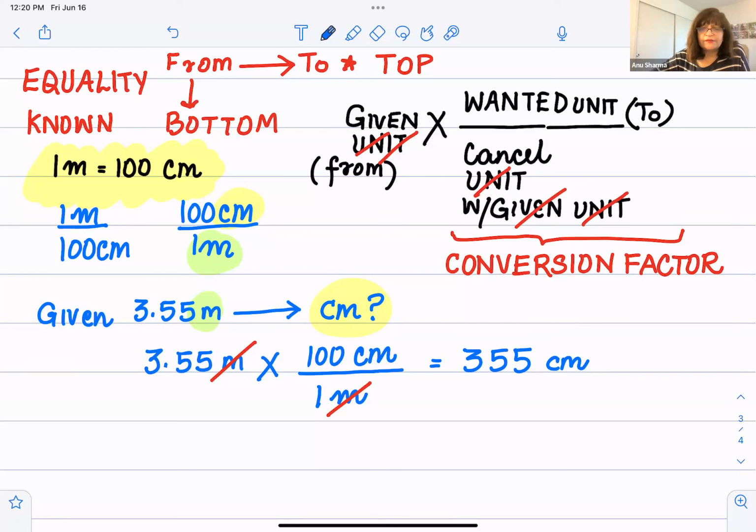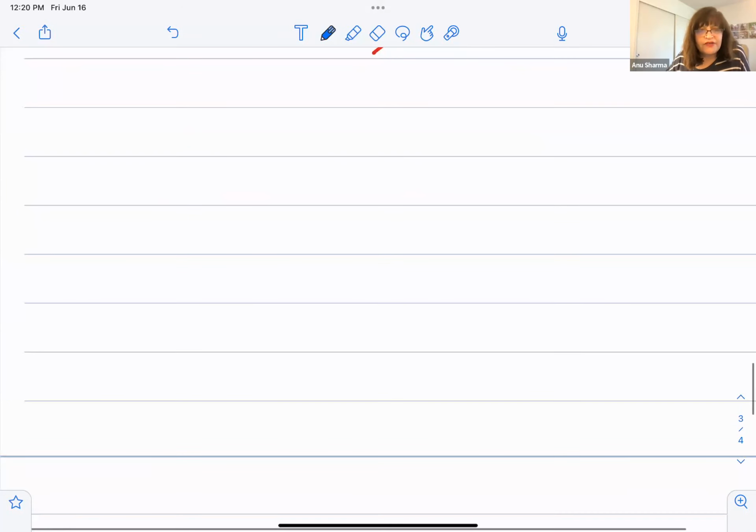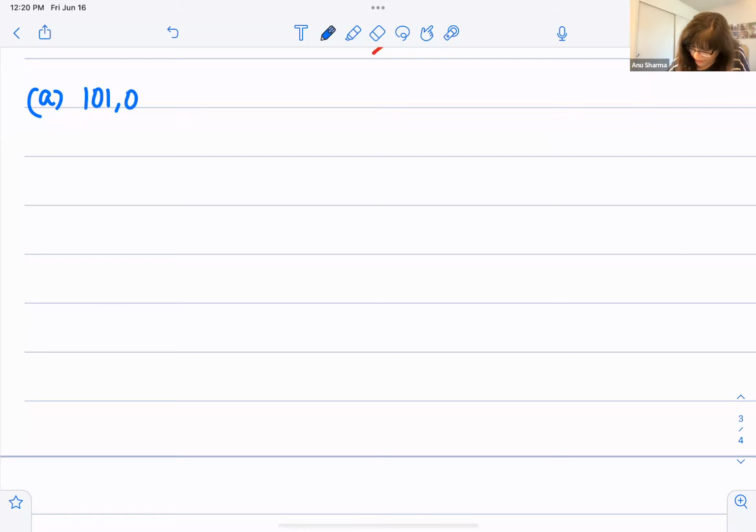Next, let's look at this problem from the book, 2.6.1. Here we are given part A, which is 101,000 nanoseconds. Convert that to how many seconds. We see here that 1 second is equal to nano.